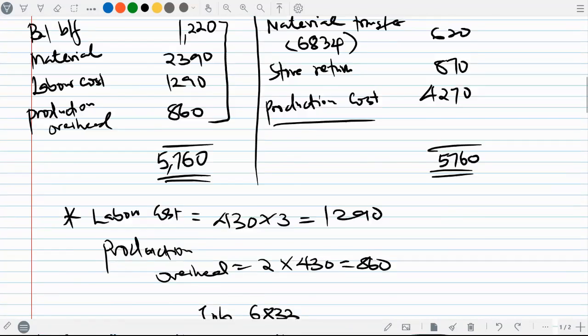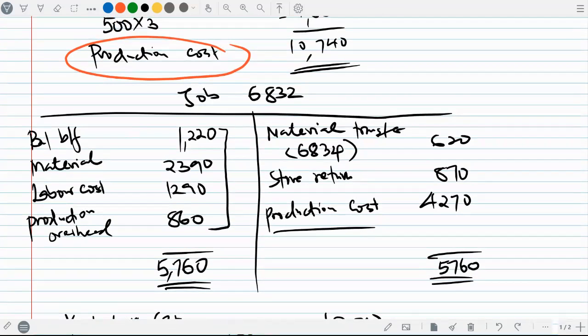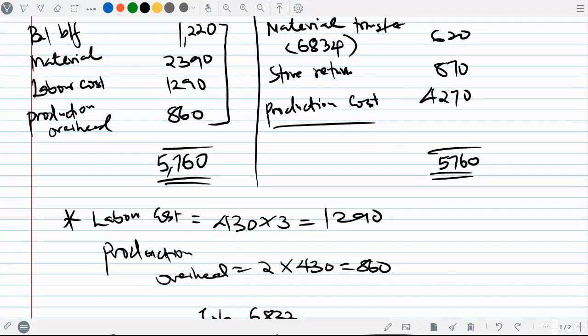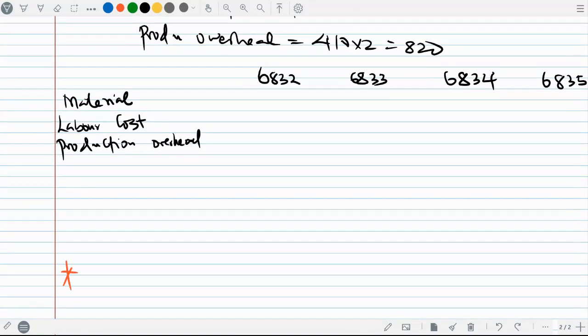So far, the balance brought forward for material was 630. The material cost for the month, going back to the account, was 2390.